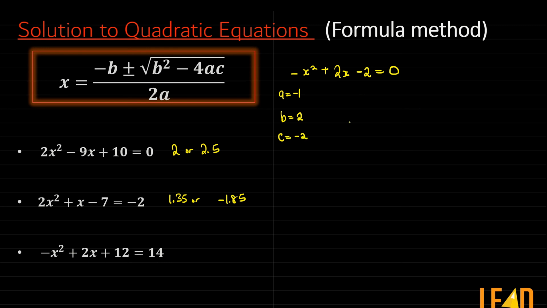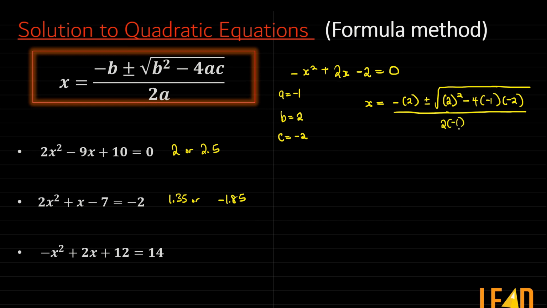Alright, so let's plug it into the formula now. I would have x is equal to minus b, which would be minus 2, plus or minus the square root of b squared, that would be 2 squared, minus 4 times a, which is minus 1, and c, which is minus 2, all over 2a. 2a is 2 times minus 1.